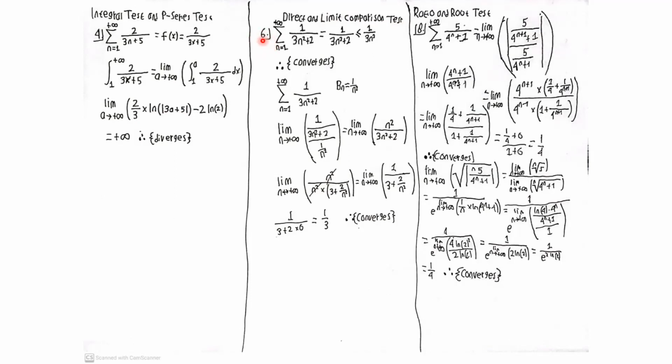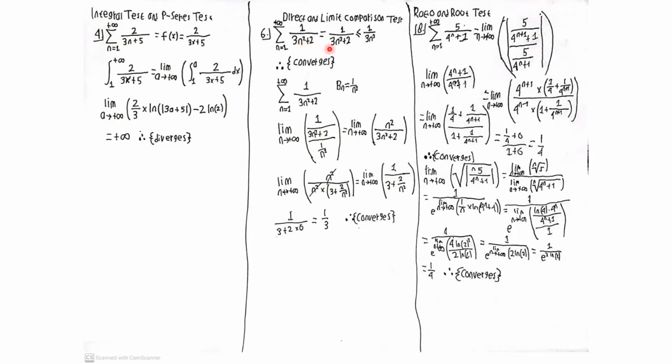So as you can see in here, number 6, we have the sum from n equals 1 to plus infinity of 1 over 3n squared plus 2. So for the comparison test, compare the series term by term with the series 1 over 3n squared.